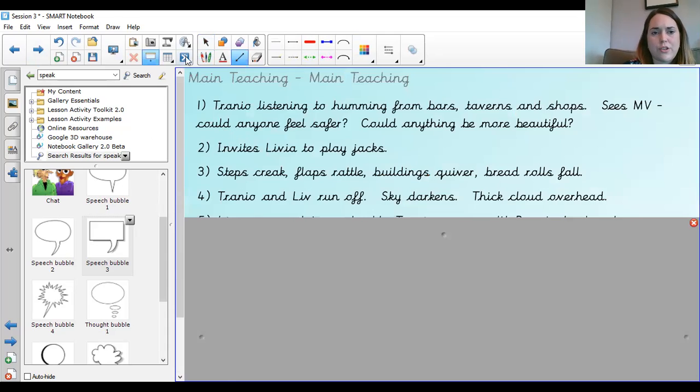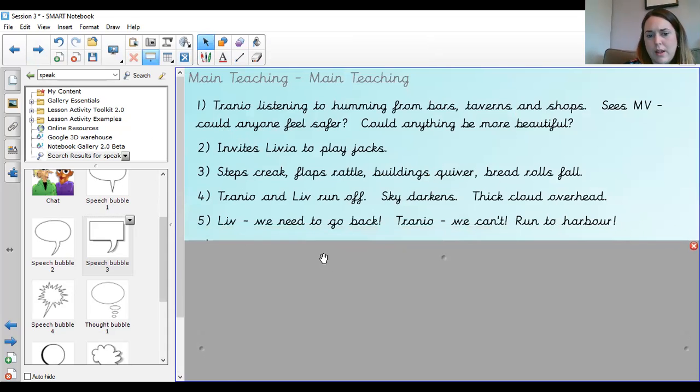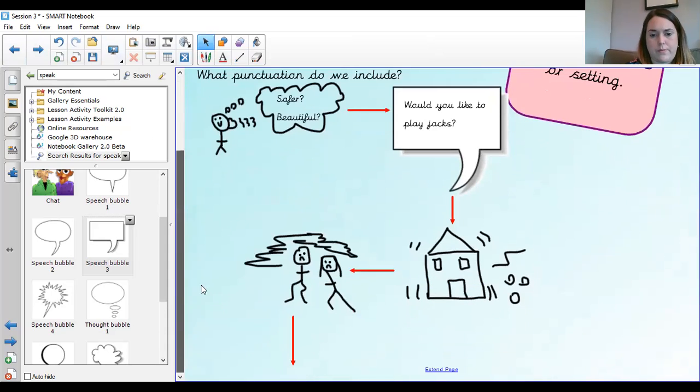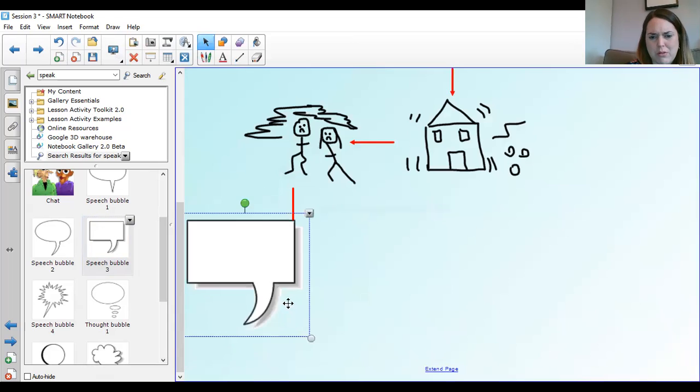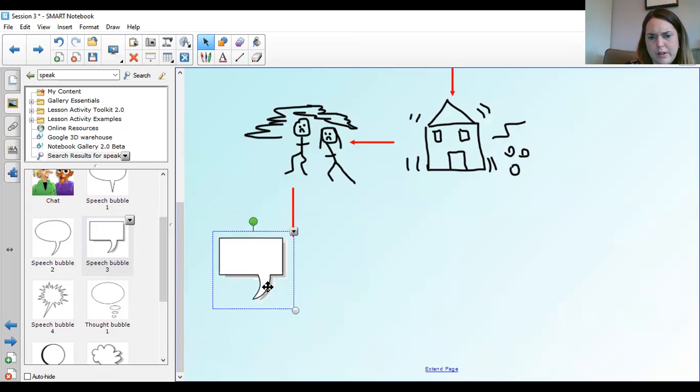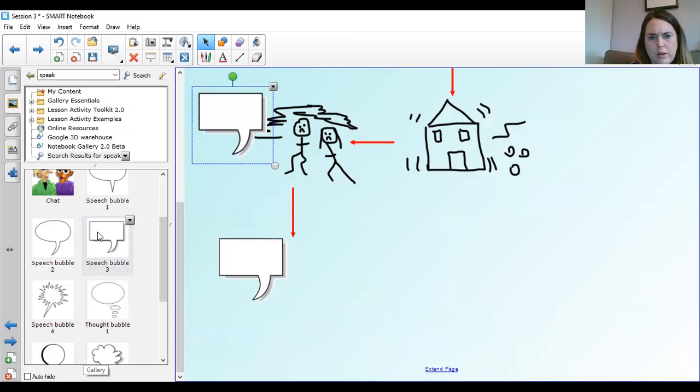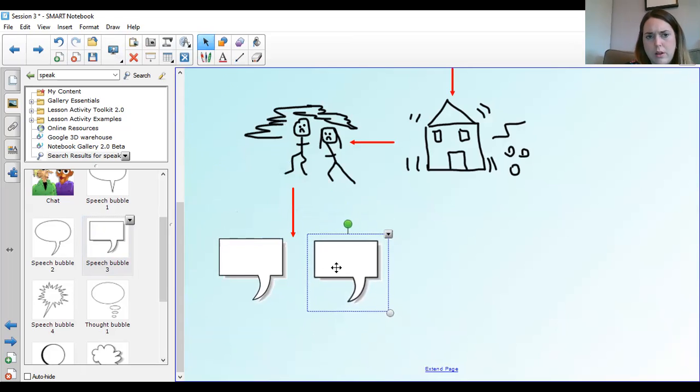My next section is going to be, okay, Liv, we need to go back. So Liv says, we need to go back, and Tranio says, we can't, run to the harbour. So, have a think. If you were able to help me, what would you say to me that I needed to draw? I think I'm going to do 2 speech bubbles. There we are.